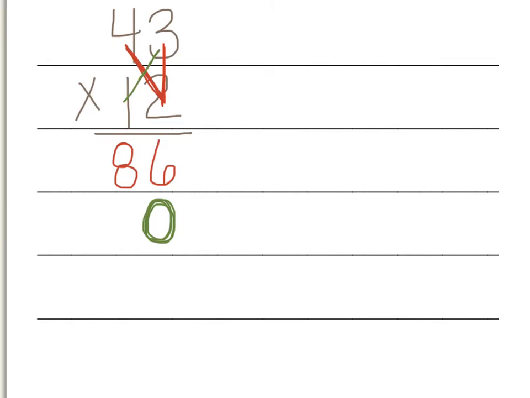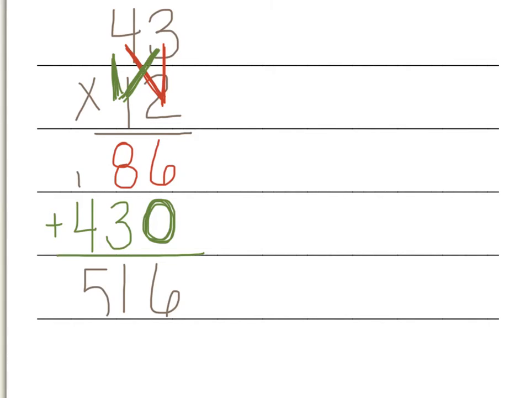Then I would say 1 times 3, my 10 times my 1, and 1 times 4, tens place times tens place, which is 4. Then I'm going to add them together. 6 plus 0 is 6, 8 plus 3 is 11, 1 plus 4 is 5. So 516.